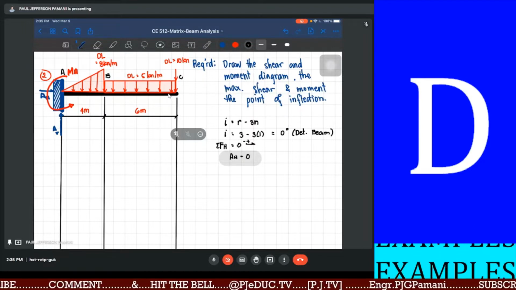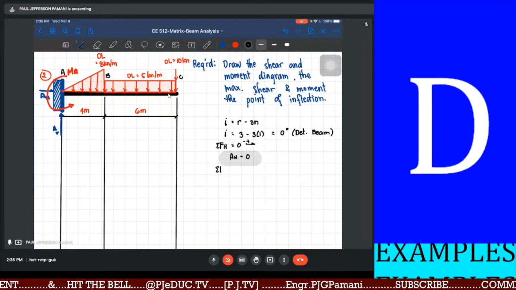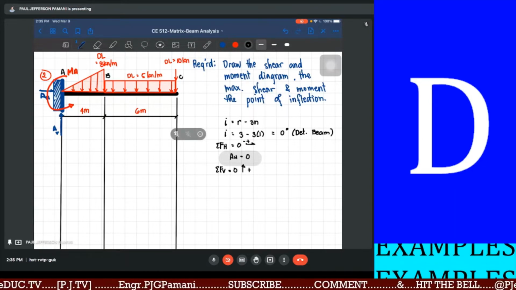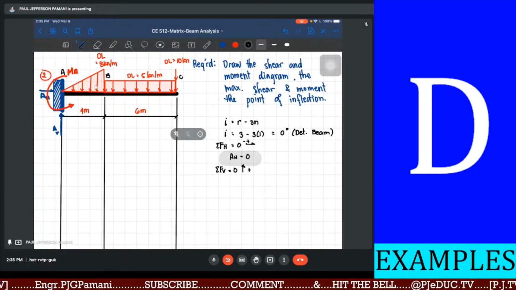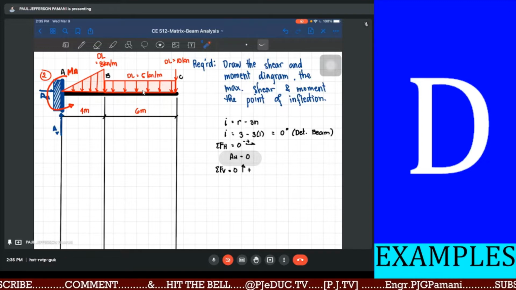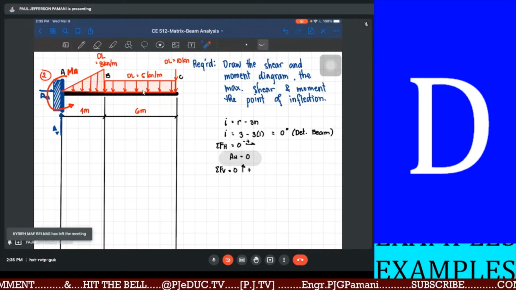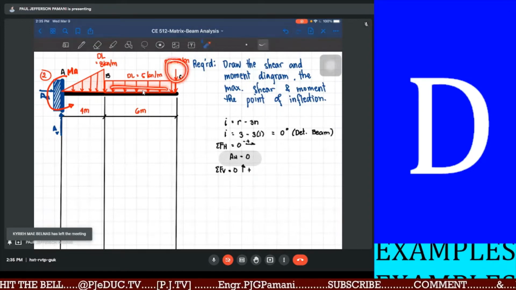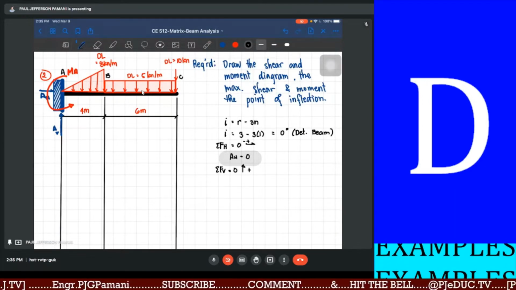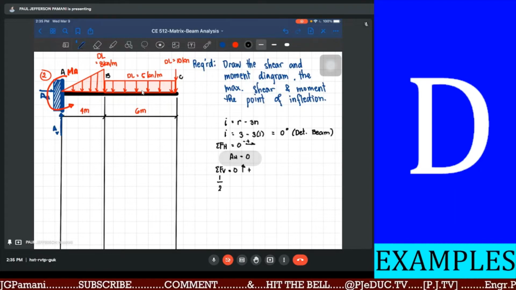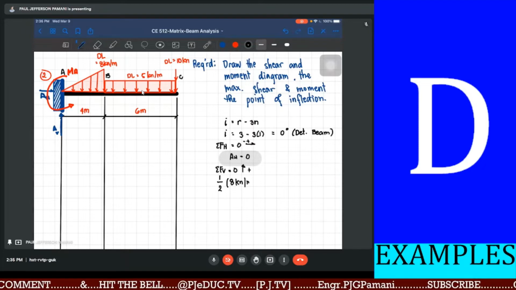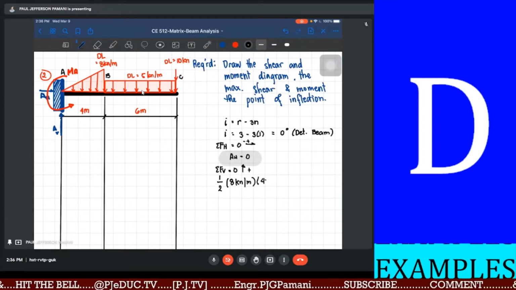Basically, that is already solvable by summation forces vertical equal to 0, upward forces positive. What are the applied load? We have the varying load, and the uniform load, as well as the concentrated load. So computing the resultant of the varying load, that is basically a triangle, so that is 1/2 base times height, 8 kilonewton per meter times the base of 4 meters.